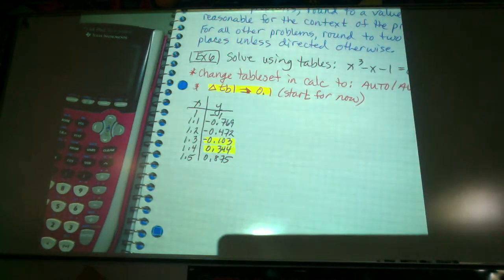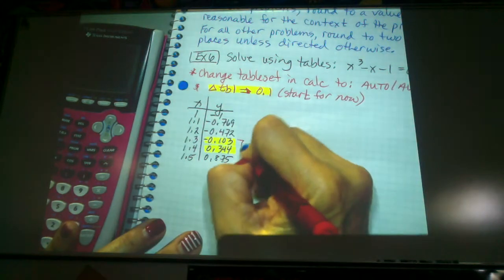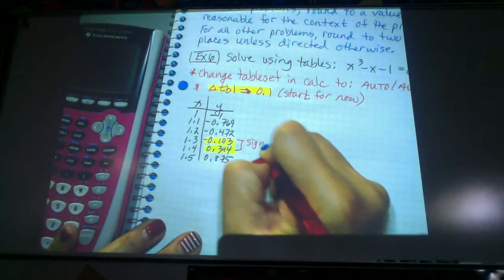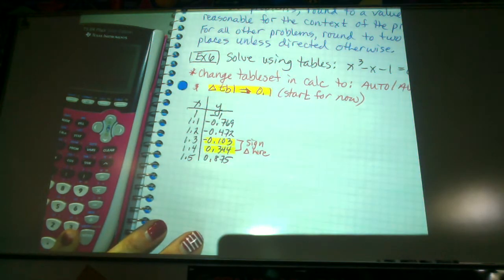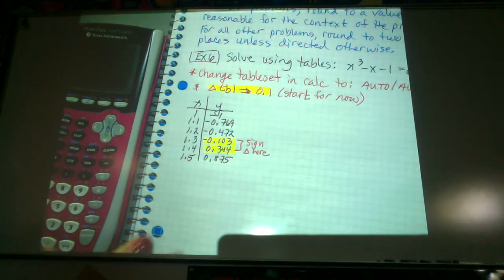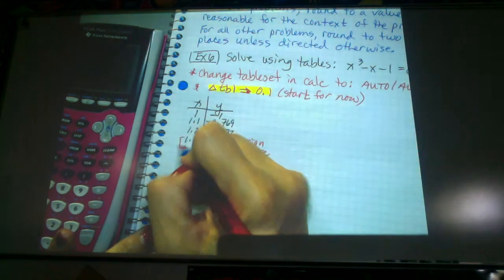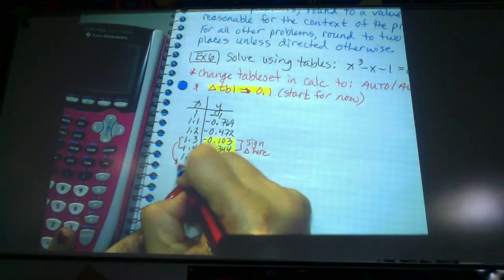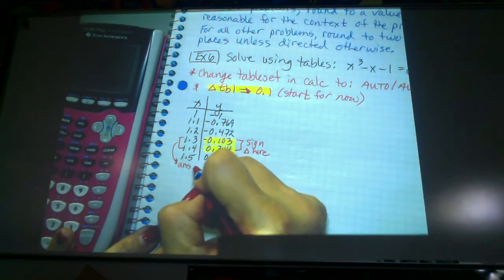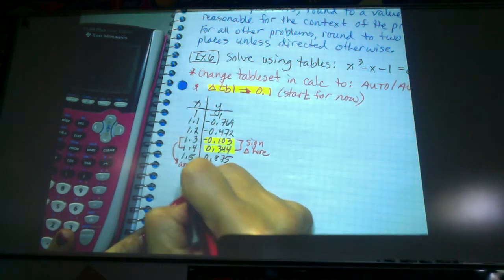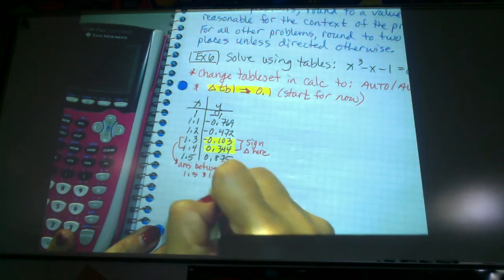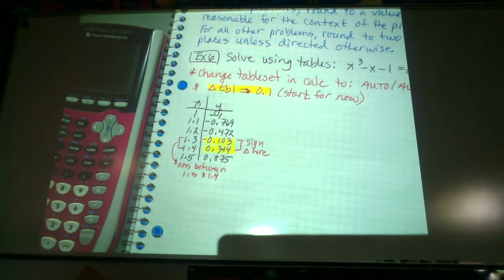So I really want to capture that sign change, which I did right there. So that's my first start of my estimate. Write yourself a note, sign change. We're looking for that sign change. Delta means change. And so that means my answer is between 1.3 and 1.4. Somewhere my 0 is in between 1.3 and 1.4.